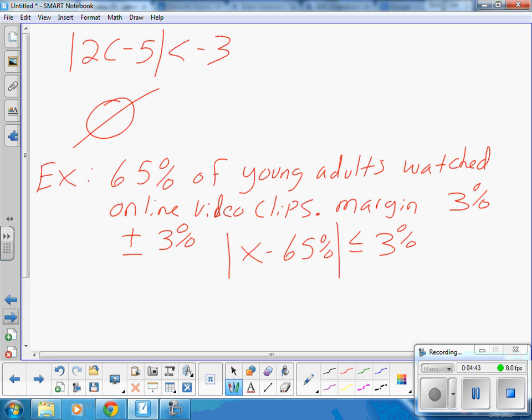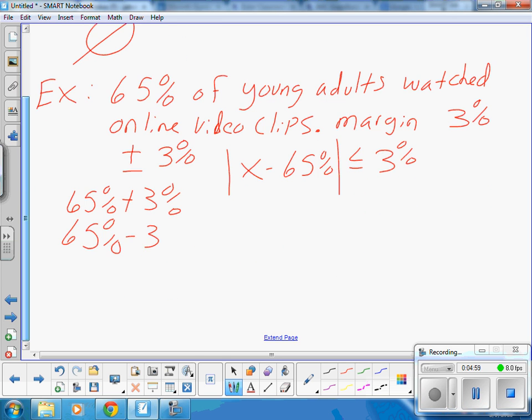If 65% of the young adults watched online video clips and our margin of error is plus or minus 3%, can I just go 65% plus 3% and 65% minus 3%, and I get a window from 62% to 68%.